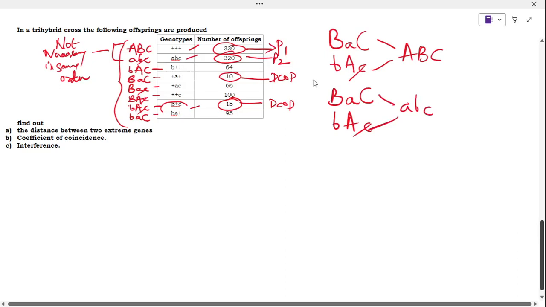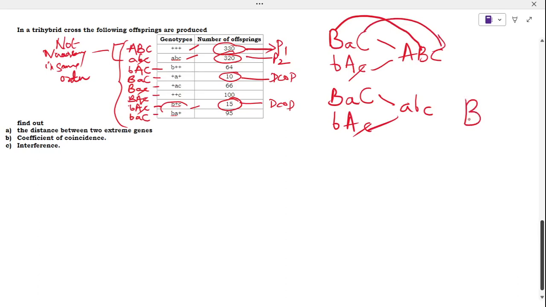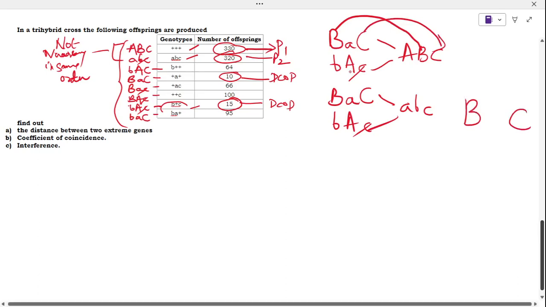two extreme genes will segregate together and the middle gene will segregate separately to one of the gametes. Find out that, you can see B and C will segregate together. Definitely B and C will be extreme and A is independently segregated to one of the double crossing over products, that is A. Again, you need to reassure that B and small c will segregate together, that means they are extreme, small c, and A is independently segregated and small a.